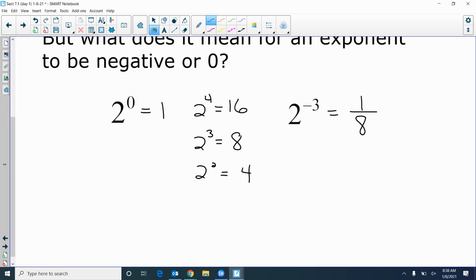Or you guys think 2 to the 4th power is 2 times 4. It is not. The 2 to the 3rd power is not 2 times 3. You guys make up your own rules for some reason when we're talking about exponents. You think it's simple multiplication. It's not.